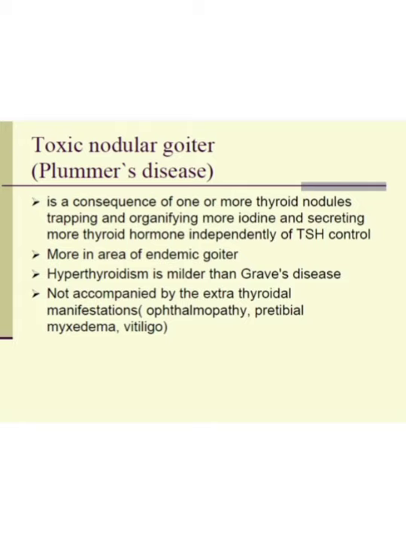It's caused by one or more thyroid nodules which trap and organify more iodine and secrete more thyroid hormone independently of TSH control. It's more common in areas of endemic goiter. Hyperthyroidism is milder than Graves' disease, not accompanied by ophthalmopathy, myxedema or vitiligo.